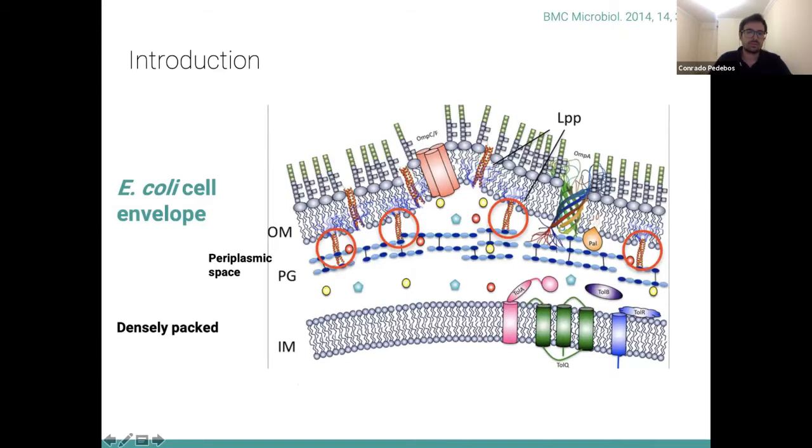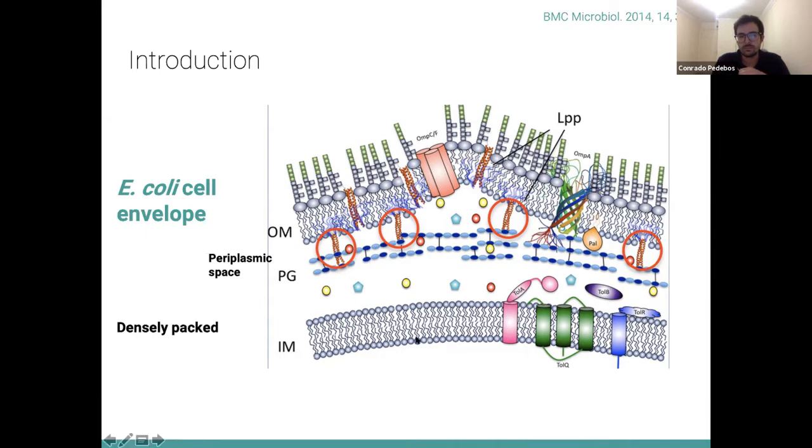So just to give you a brief introduction, this is an image of the E. coli cell envelope. It's formed by three major structures. The first one is the outer membrane, which is the most external structure, and it is composed in the outer leaflet by lipopolysaccharide, which is quite rigid, and it protects the bacteria from the hostile environment.